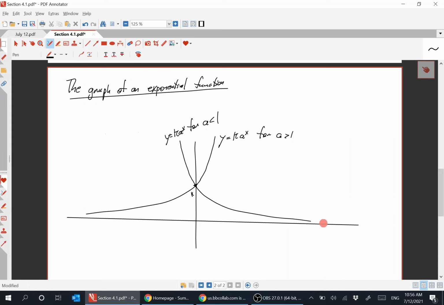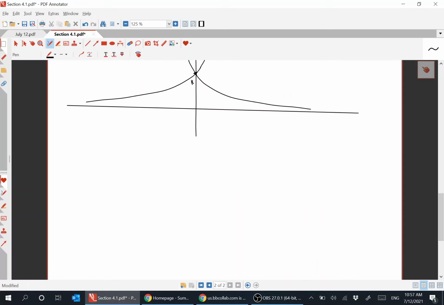So a less than 1 looks like this. A bigger than 1 looks like that. They're exactly the same, except they're just flipped around the y-axis. When you have different bases, it just makes it more or less steep. So different bases, both positive, are going to look like this.